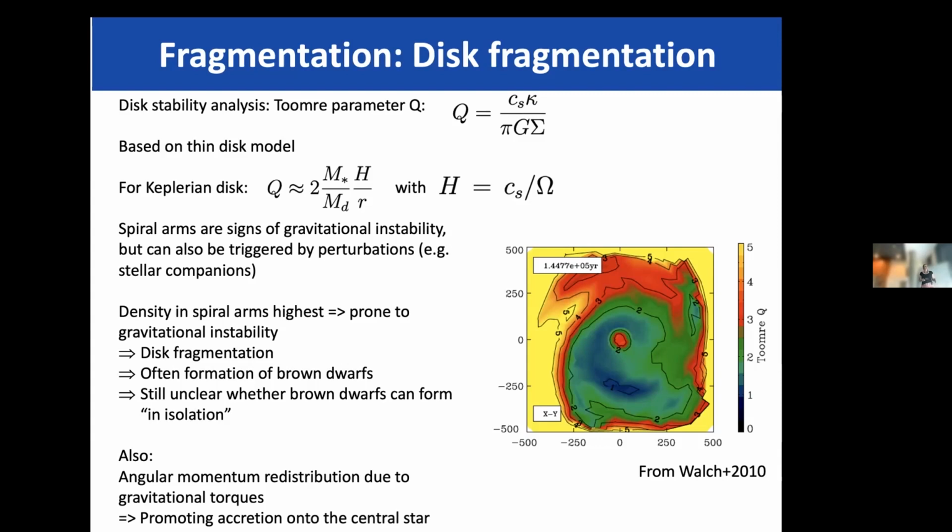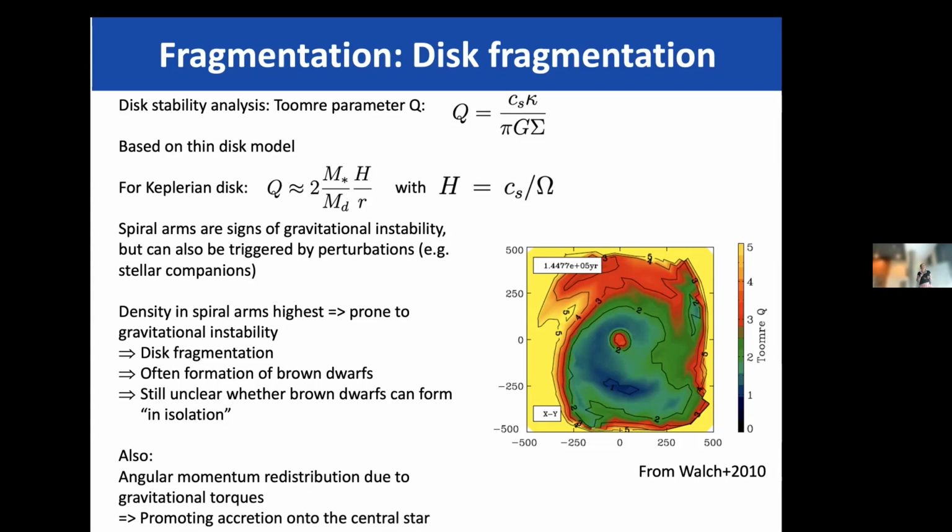And there has been a lot of work, coming from galaxy scales, about the stability of disks by Toomre, for example, who came up with a parameter Q, which is dimensionless and which describes the stability of disks. So you can apply it to galactic disks, but also to prestellar disks.